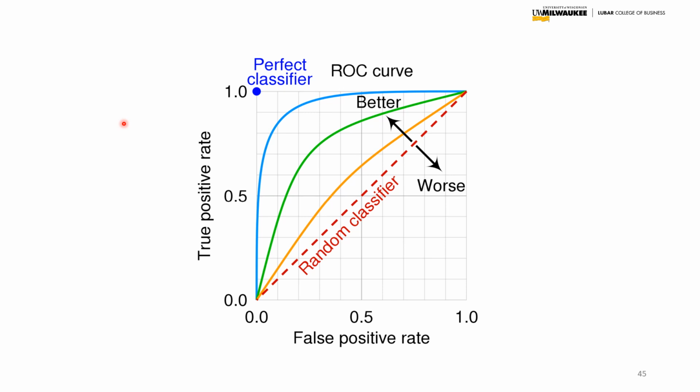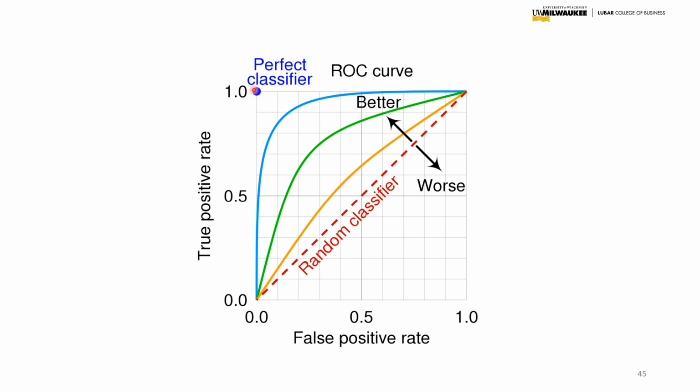Here is a visual of ROC curves from bad to better to better to perfect. A perfect classifier would have a 0 false positive rate and a 100% true positive rate, which would be right in this corner.